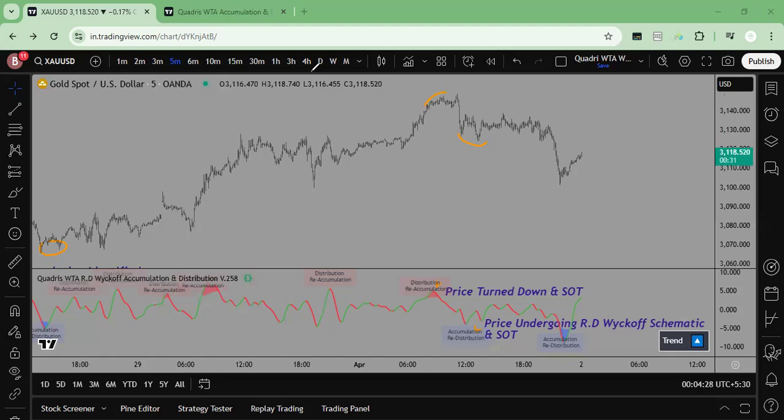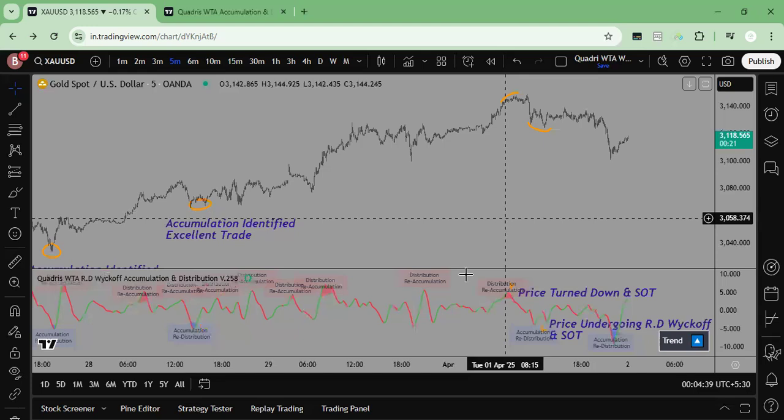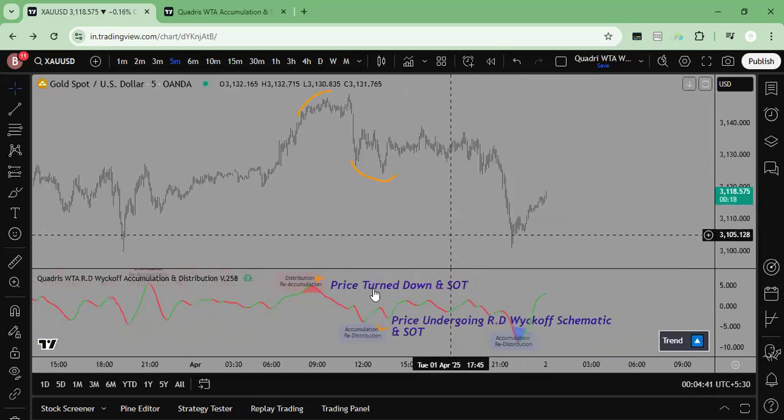If you feel like this adds value to your understanding, all the indicators are non-repaint. They work on the live market, and they come along with alerts.